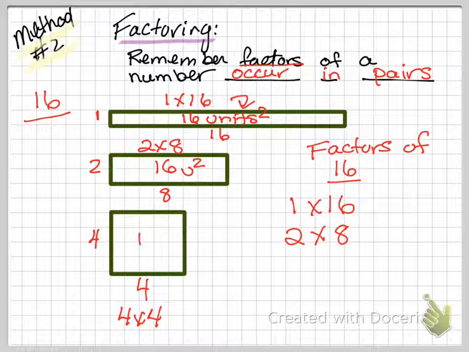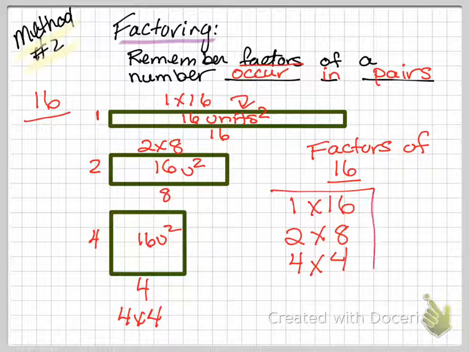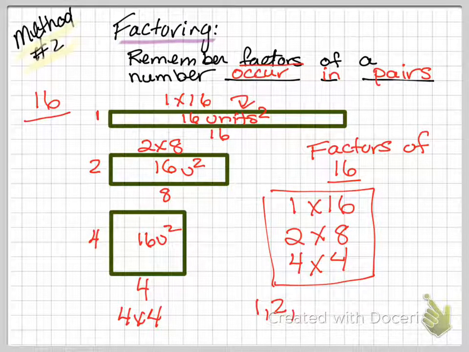That is also a factor pair of 16, because 4 times 4 gives me 16 units. So those are all factors of 16. If we list those factors, I have 1 and 2 and 4, and I'm not going to write 4 again because I've already written it. I have 8 and 16.